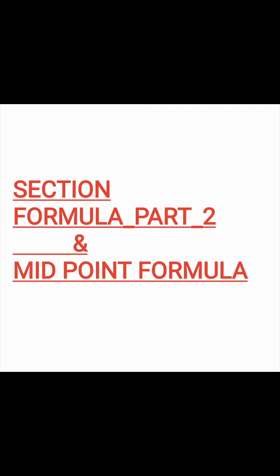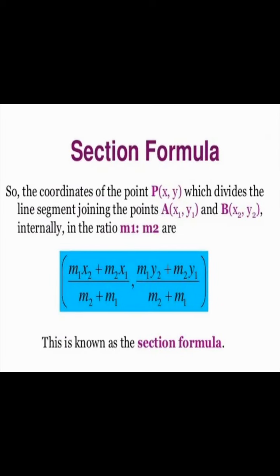In the last class, we derived the section formula and discussed that it is for finding the coordinates of a point that divides a line segment in a given ratio. That is, to find the coordinates of the point P(x, y) which divides the line segment joining the points A(x1, y1) and B(x2, y2) internally in the ratio m1:m2, which is ((m1 x2 + m2 x1)/(m1 + m2), (m1 y2 + m2 y1)/(m1 + m2)).